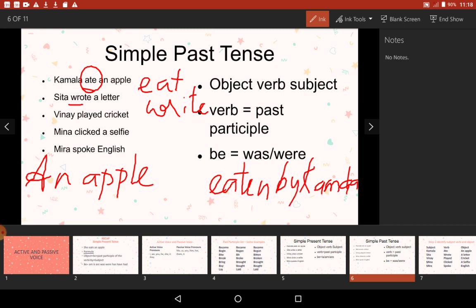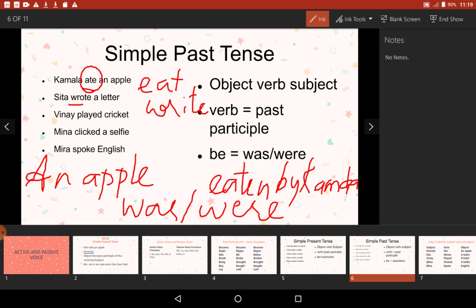and for the be form we have to use one of these, which is was or were. In the present tense active voice, we would have used is, are, am, but in simple past tense, we have option between was or were. If the object is singular, we will use was.